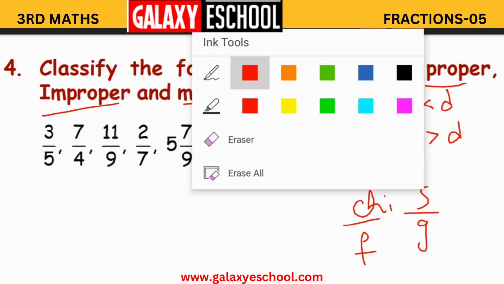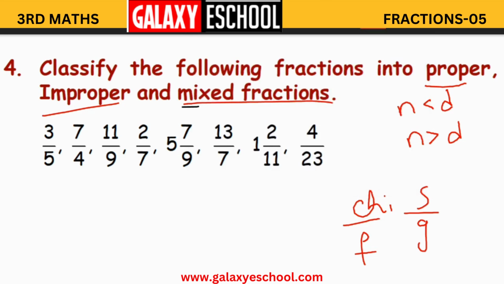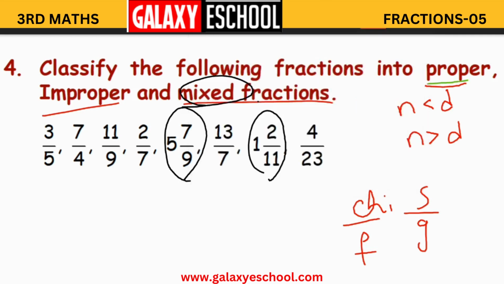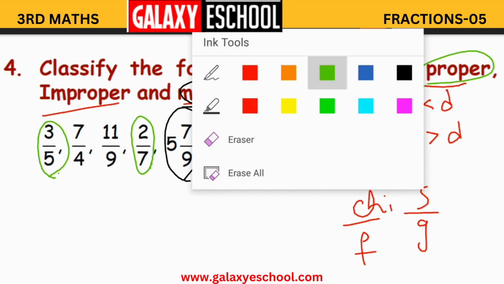If you look at the options, first let us circle mixed fractions. Okay, because they are the easiest to find. 5 and 7 by 9 and 1 and 2 by 11 become our mixed numbers. Now coming to proper fractions, let us circle it with green color. 3 by 5, yes, numerator is less than denominator. Again 2 by 7 and 4 by 23.